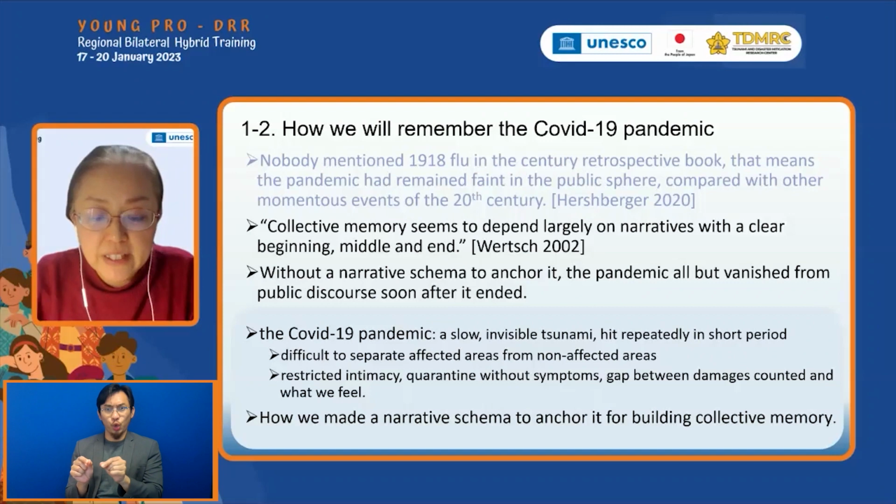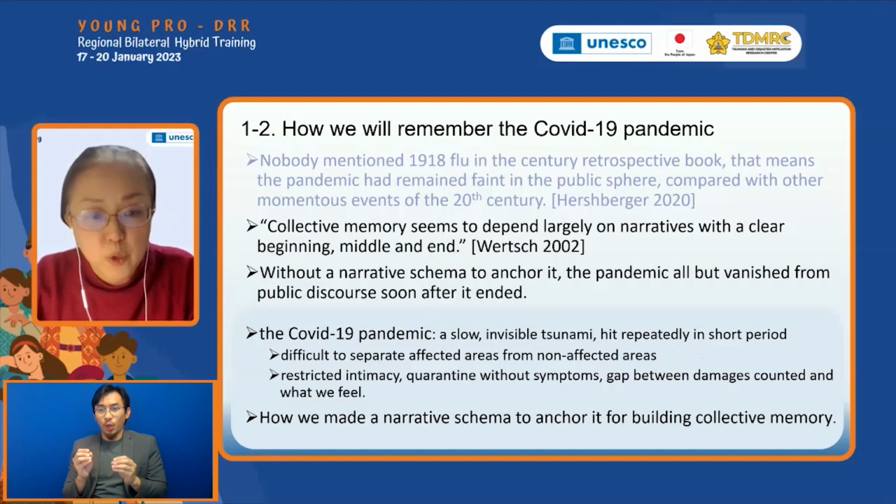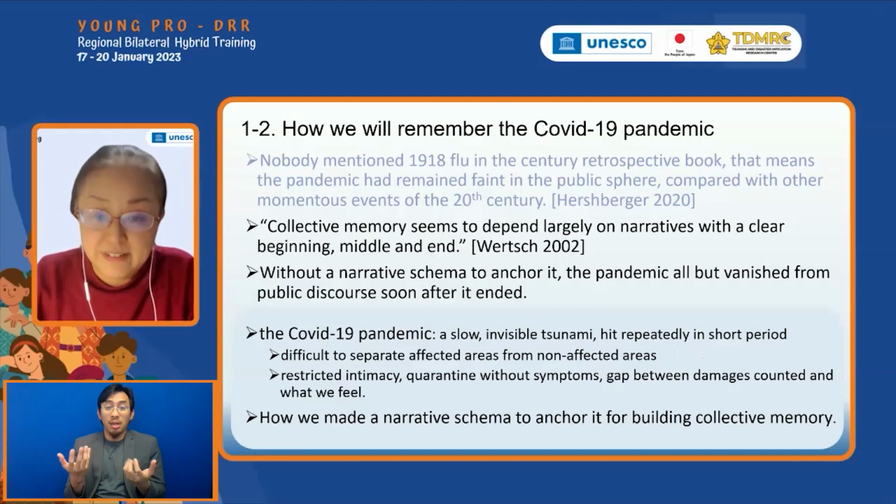And the COVID-19 pandemic has different characteristics from general natural disasters. It is a disaster where it is difficult to separate affected areas from non-affected areas. Intimacy is restricted, quarantine without symptoms, a gap between damages counted and what we feel.